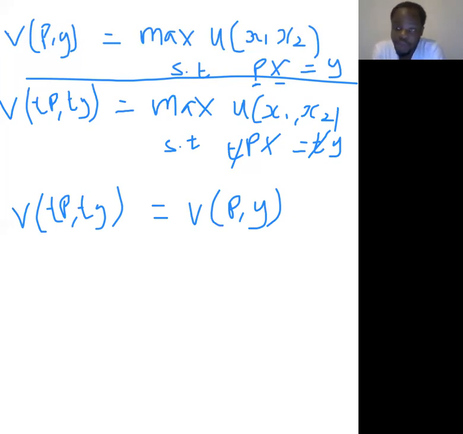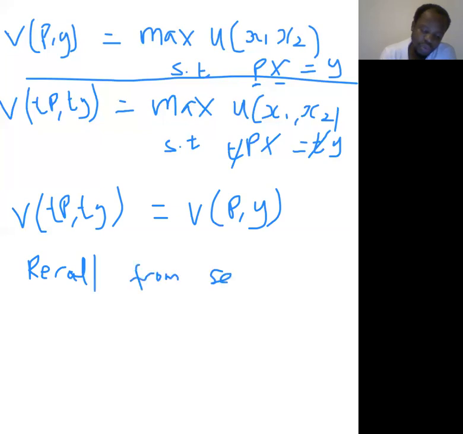So let's use the indirect utility function that we got in our discussion session 2 to see if it works here. So recall from session 2, we had our indirect utility function to be equal to what?